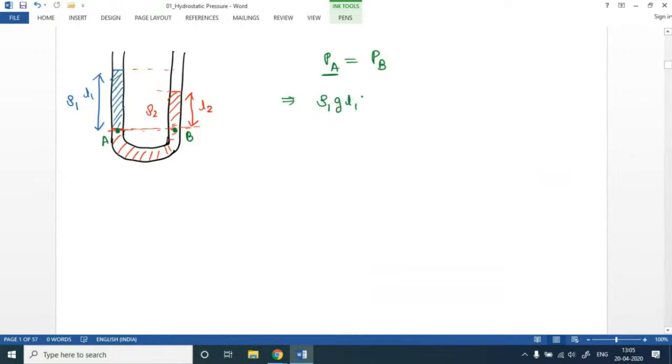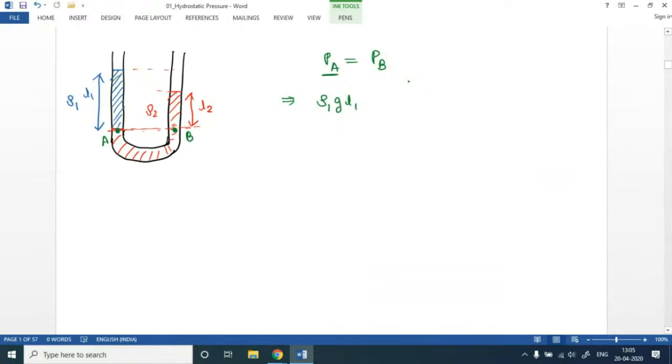I am writing the gauge pressure only. If I work in terms of absolute pressure, on both sides we will have a term of P atm. But since we are comparing, that term of P atm will cancel on both sides.